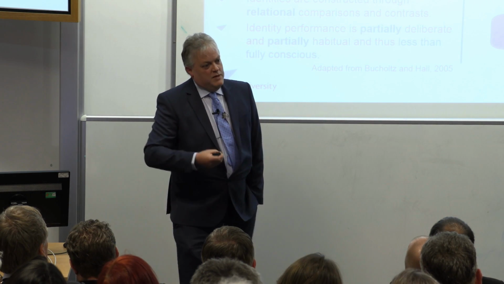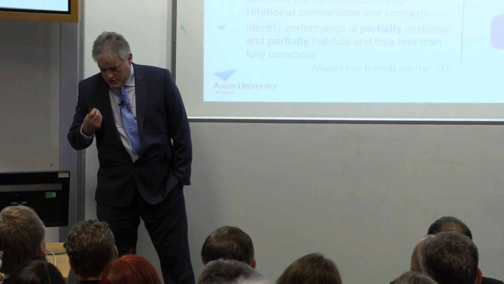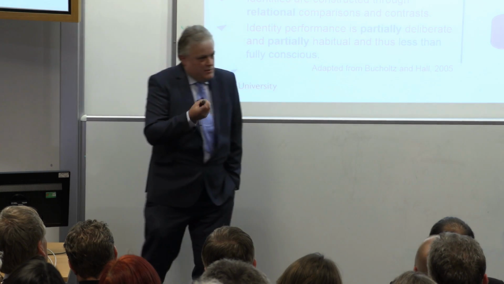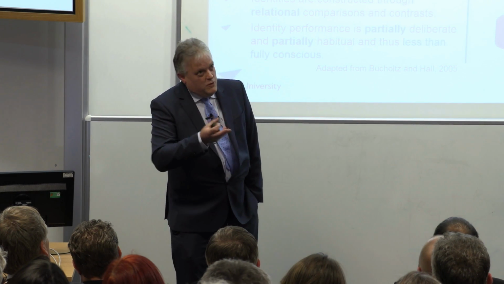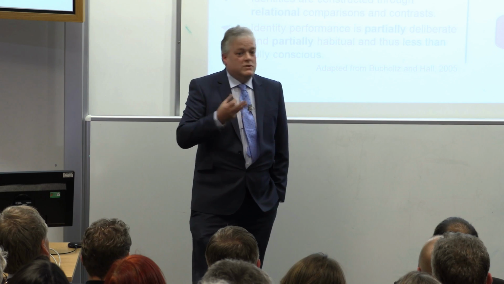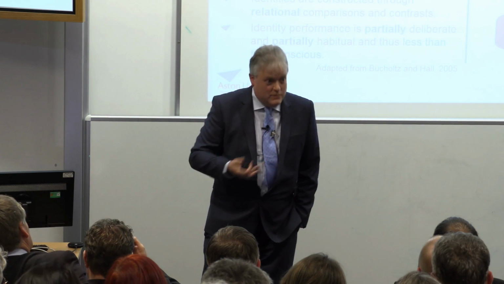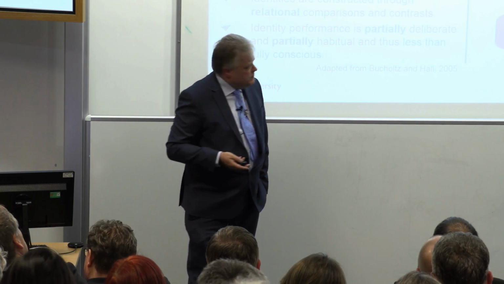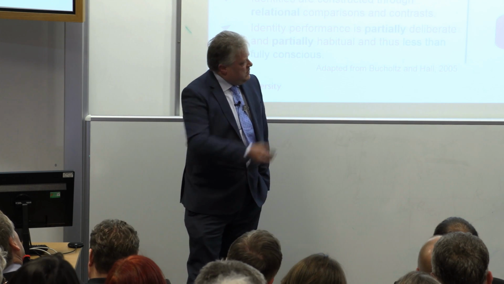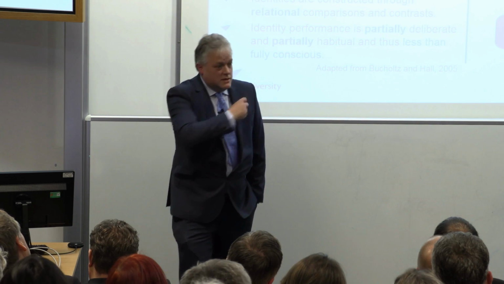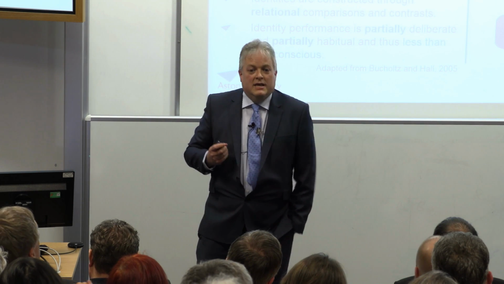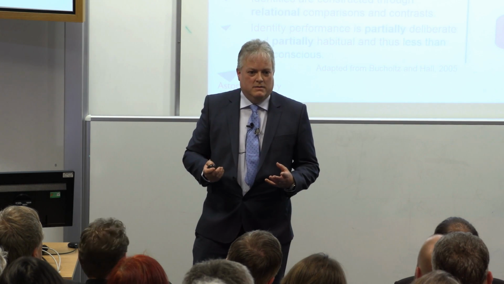It can be partially conscious, partially unconscious, partially deliberate, and partially habitual. But I'm not absolutely sure I'm understanding Buchholz and Hall as they would wish to be understood. But I think that's something like what they mean. And it's quite important to me. So when I'm all these people, this is a nice theory of identity that helps explain that.